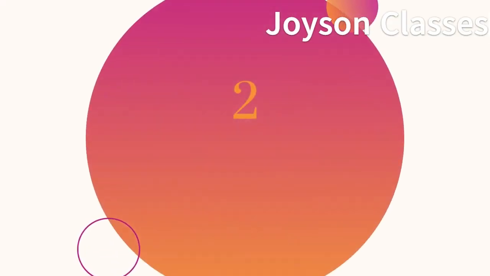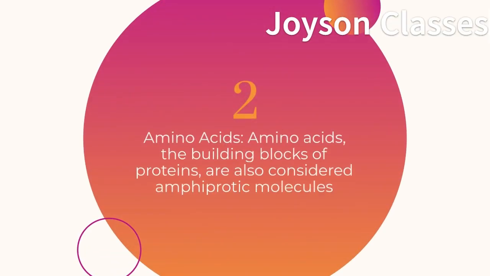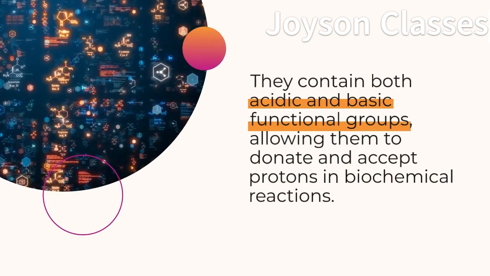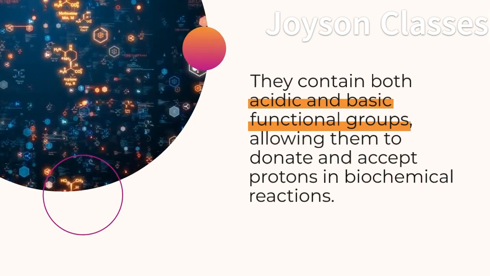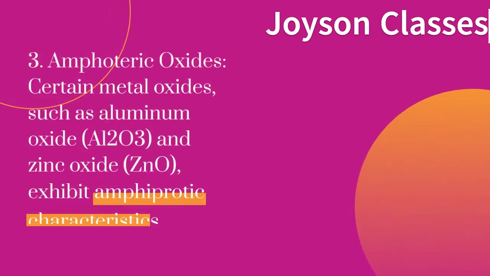2. Amino acids. Amino acids, the building blocks of proteins, are also considered amphiprotic molecules. They contain both acidic and basic functional groups, allowing them to donate and accept protons in biochemical reactions. 3. Amphoteric oxides. Certain metal oxides, such as aluminum oxide, Al2O3, and zinc oxide, ZnO, exhibit amphiprotic characteristics.